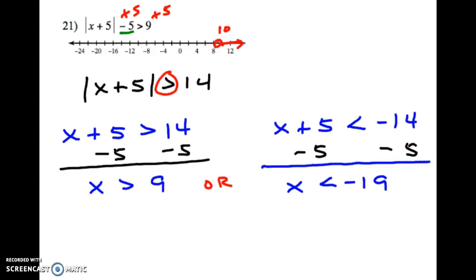The answer on the right, x is less than negative 19. So we have the negative 20, the other line there is negative 18, so negative 19 is in between those two. And this one going to the left. Sure enough, it looks like the whiskers, it looks like our OR case.